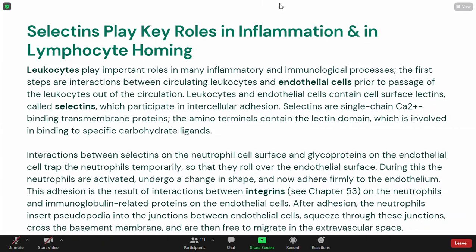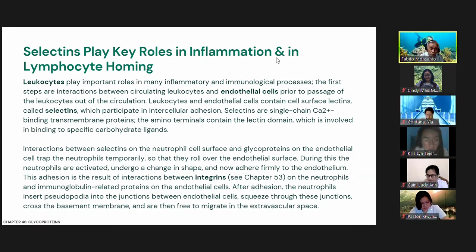Selectins are surface lectins, and they have a role in inflammation and also for the lymphocyte to be able to target the cell where it should function. Leukocytes play important roles in many inflammatory and immunological processes.